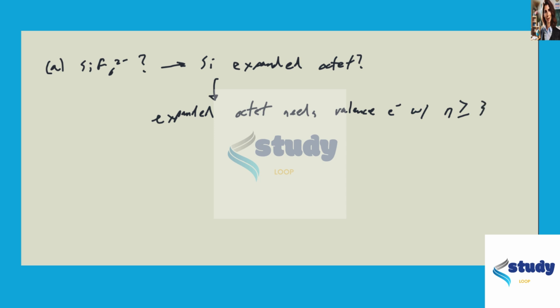If we go to our periodic table and look at the electron configuration for silicon, its electron configuration is neon core, and then 3s2, 3p2. And looking at this, we see that we do indeed have valence electrons with a principal quantum number greater than or equal to 3. So silicon can form an expanded octet.